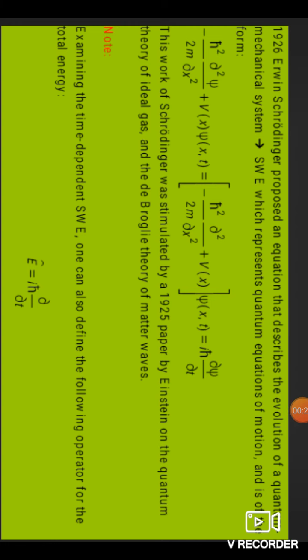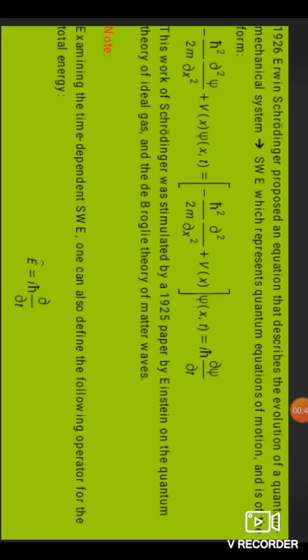Here we can see that psi is a wave function which shows all the data of a particle which is moving. We can say that its position, its momentum, its energy, and the time, all of the data are included in psi.